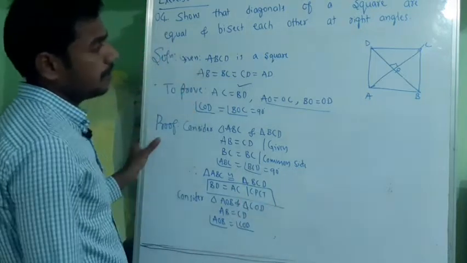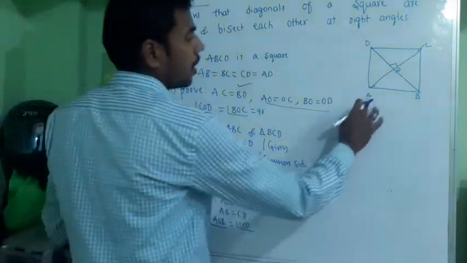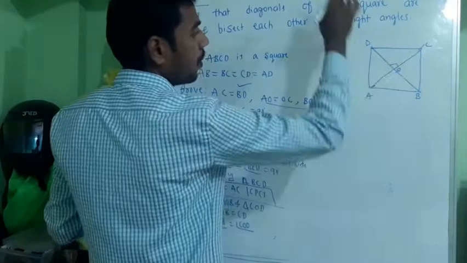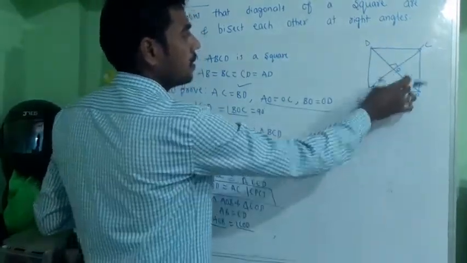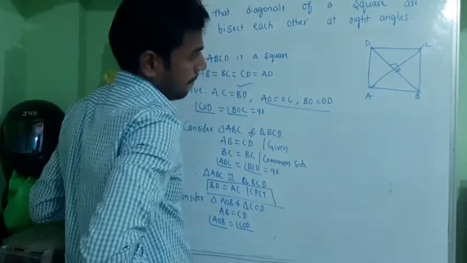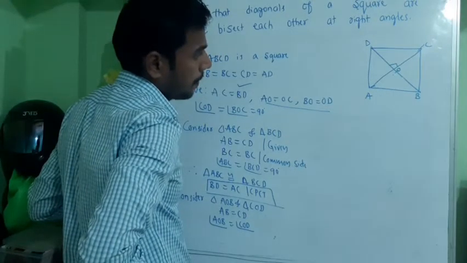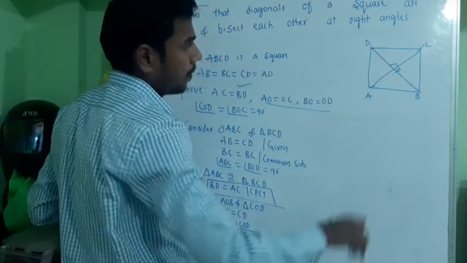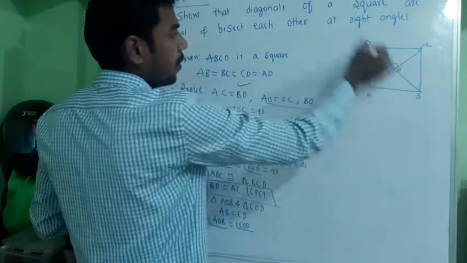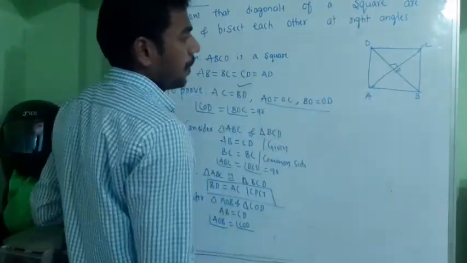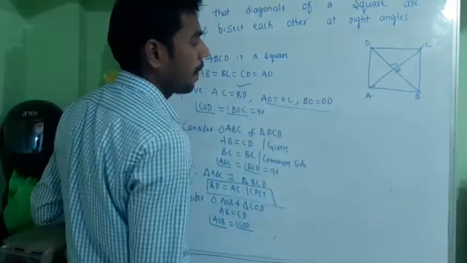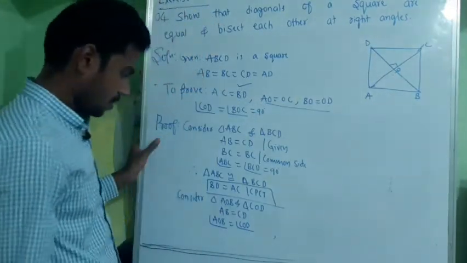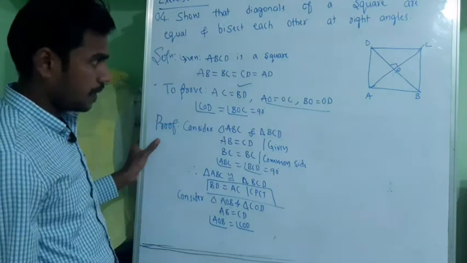What else can be written? These two angles, AOB and COD, are equal. This is equal to this.